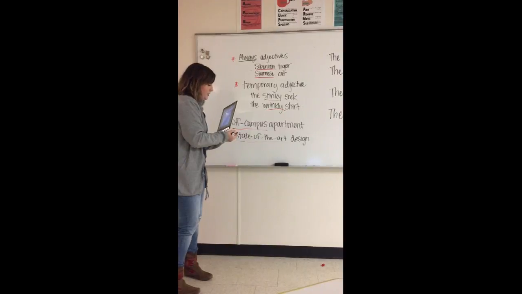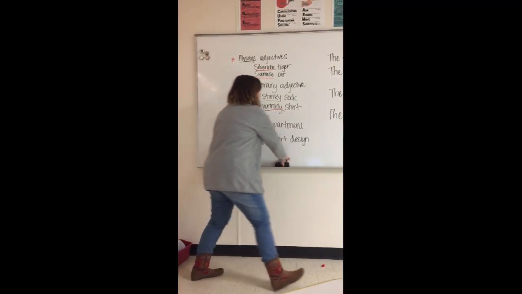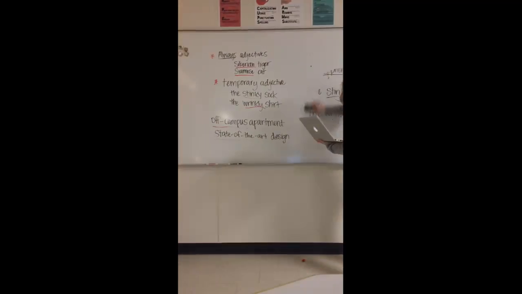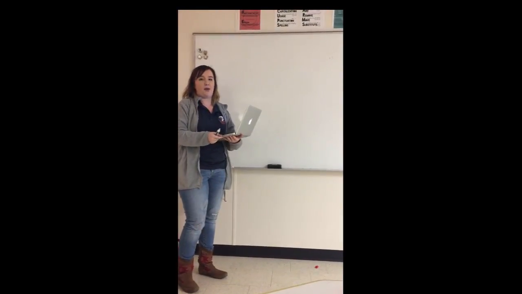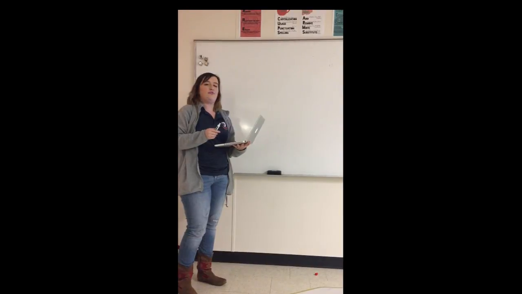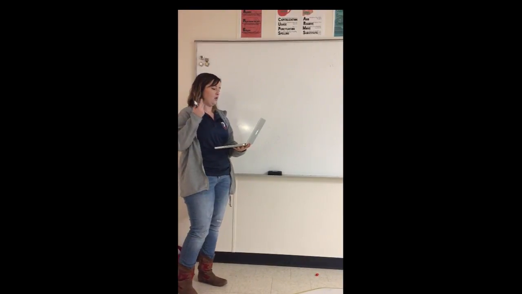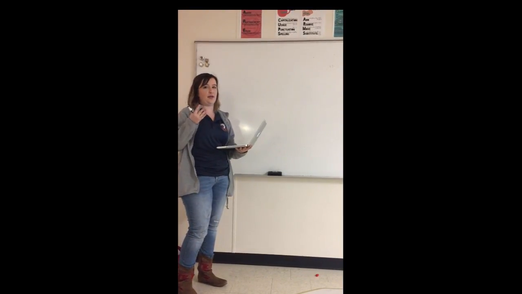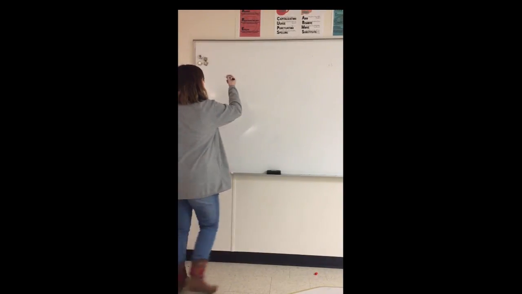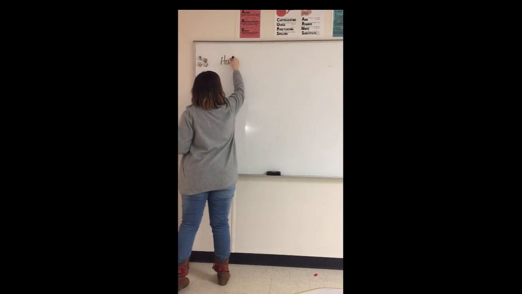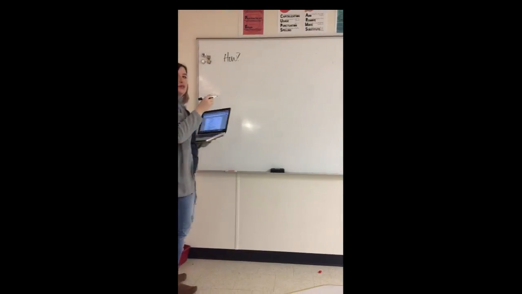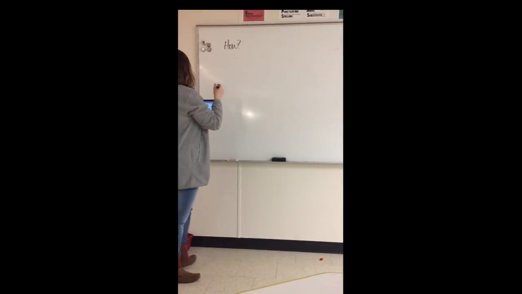All right, so now we're going to talk about adverbs. As you learned in your BrainPOP video, adverbs answer the following questions: how, when, where, and to what extent. For example, this adverb is going to modify how.